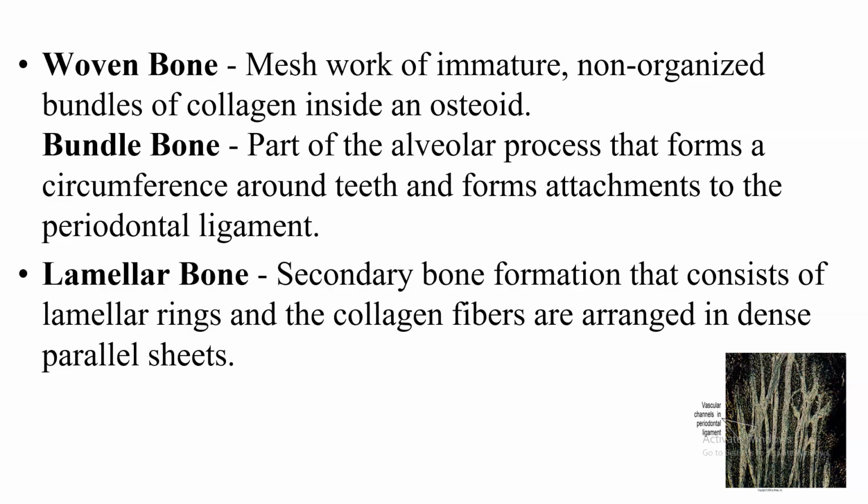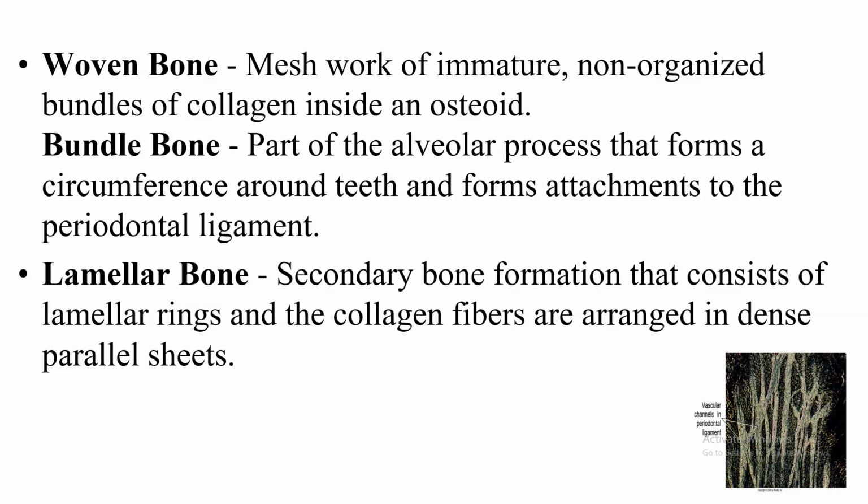Woven bone, a meshwork of immature, non-organized bundles of collagen inside an osteoid. Bundle bone, part of the alveolar process that forms a cribriform and circumferences around the teeth and forms attachment to the periodontal ligament.